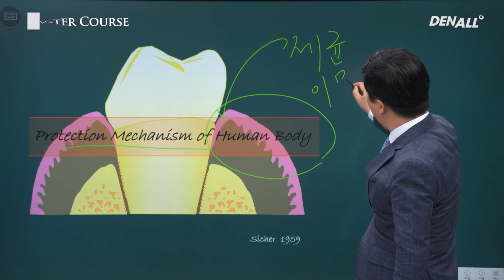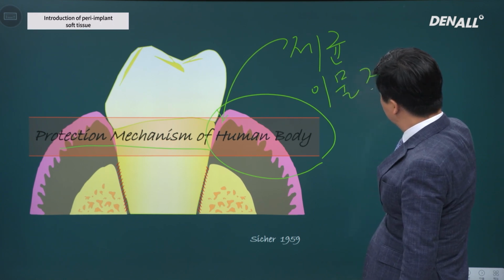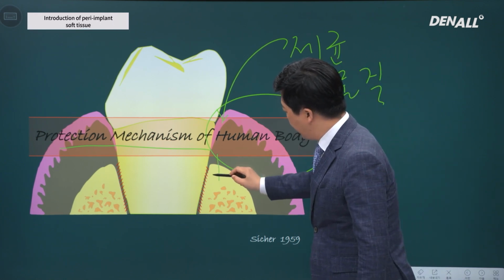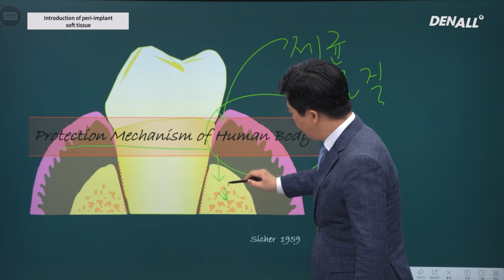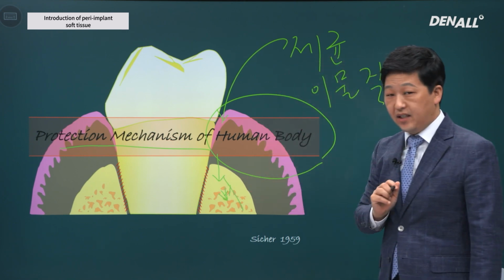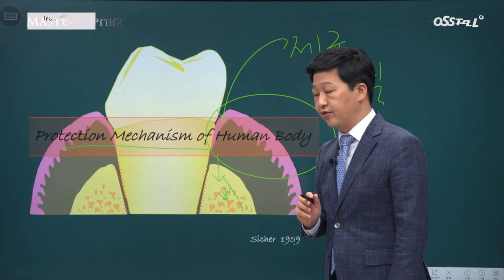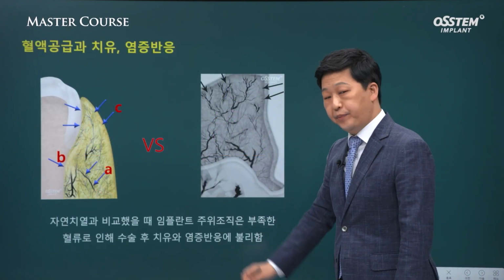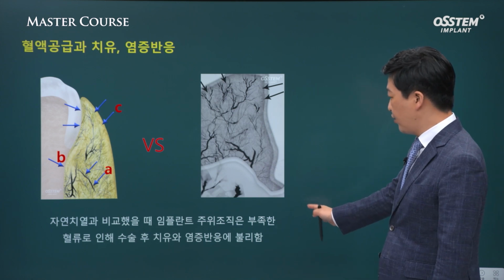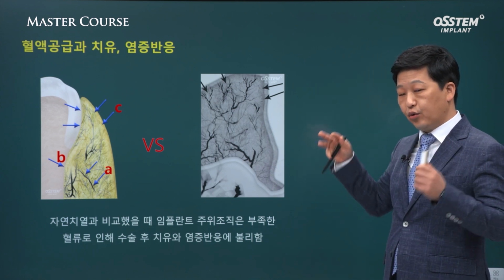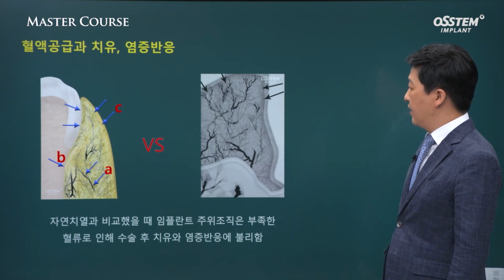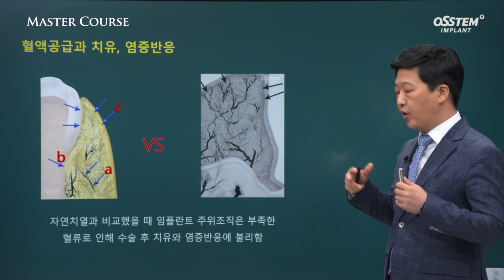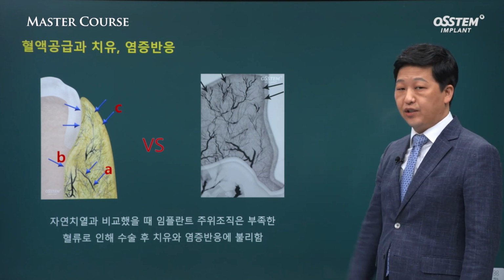It protects from bacteria and foreign debris. It protects the bone from it. When compared with natural tooth, around the implant there is less blood flow. Therefore, it's quite unfavorable in terms of immune response against the bacteria.